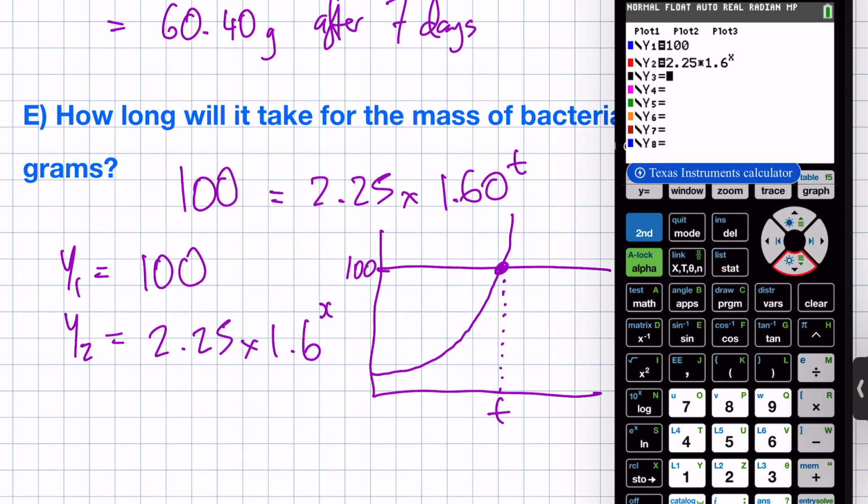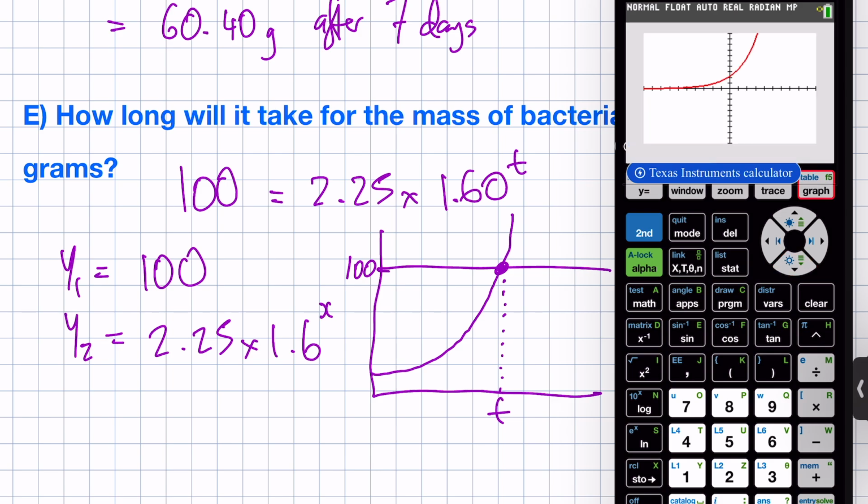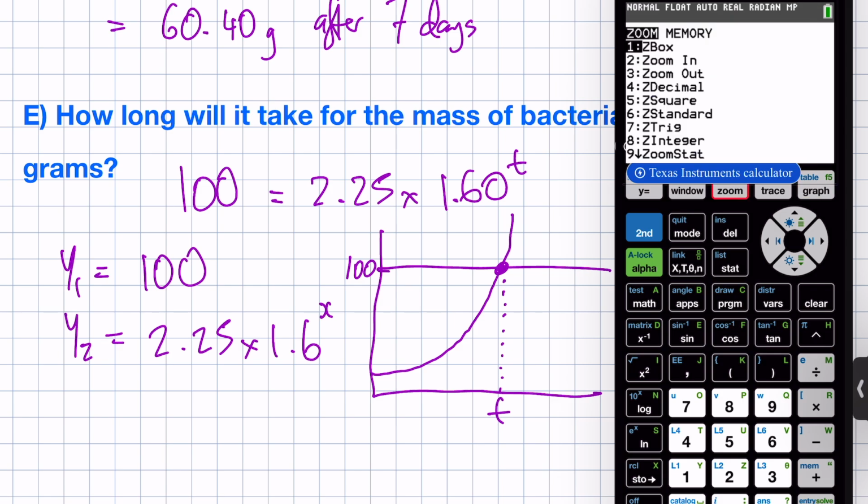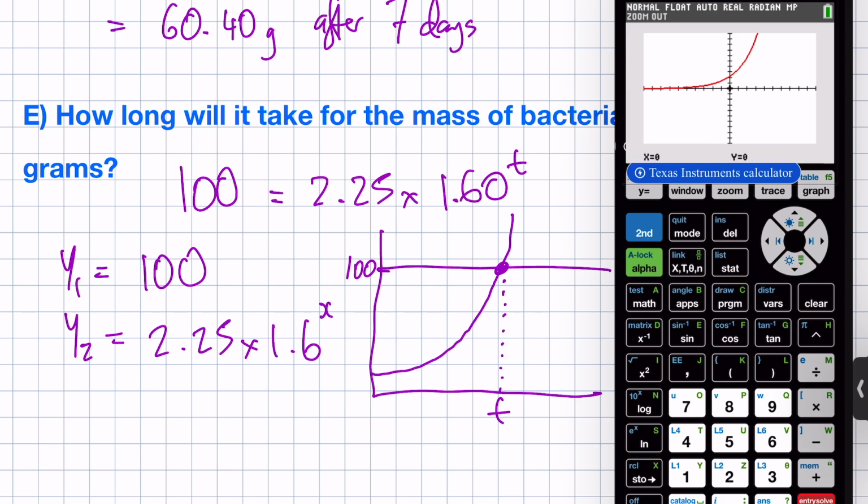You've asked the calculator to draw it now. When you press the graph button, we're not going to see a horizontal line. Why? Because that horizontal line is at 100. That graph only goes up to 10. So what you do, you press zoom, and you just zoom out until it crosses over definitely on the screen. So I went zoom out, and I'm going to press enter.